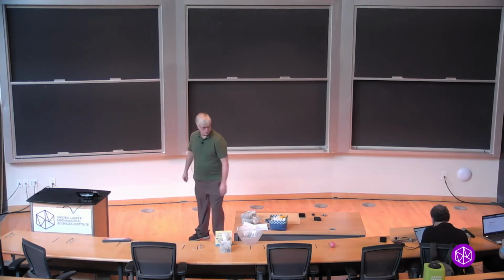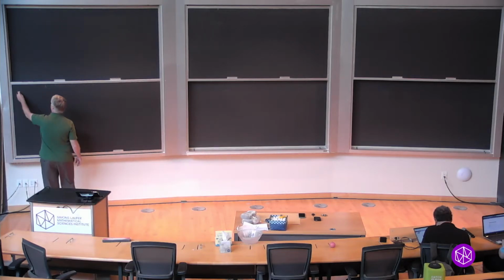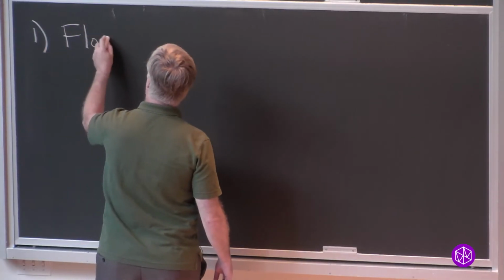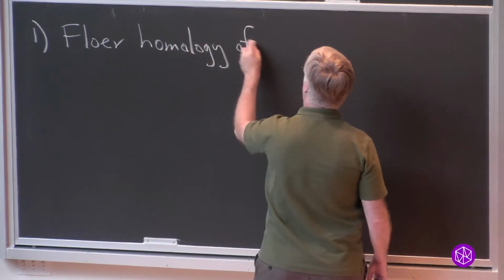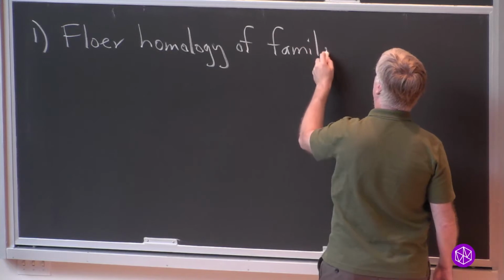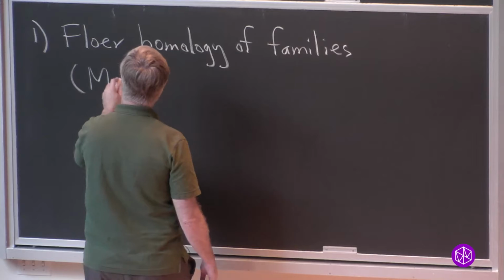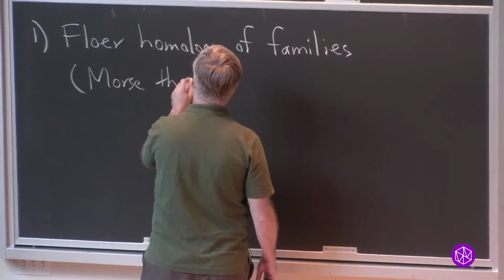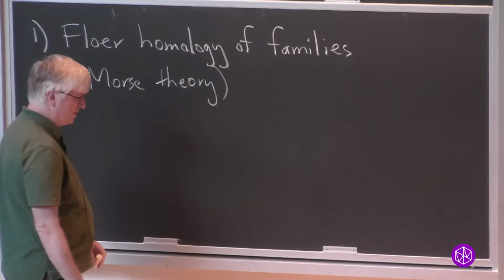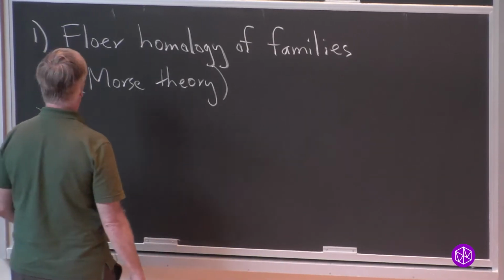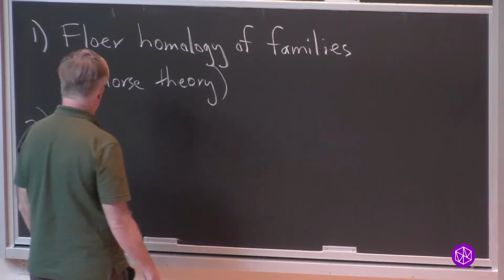So what I want to talk about is, one, a general construction of Floer homology of families in a prototypical Morse theoretic situation. Then I want to briefly discuss a couple of examples where this has been done in various kinds of Floer theory instead of Morse theory in the literature.